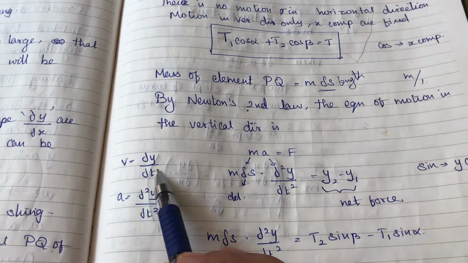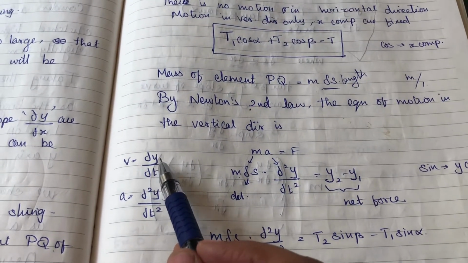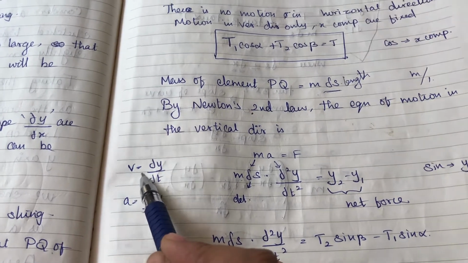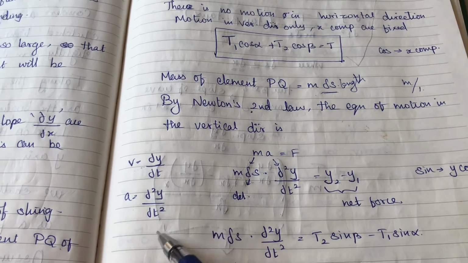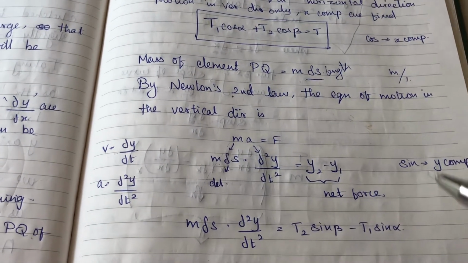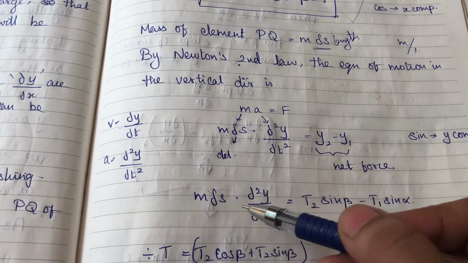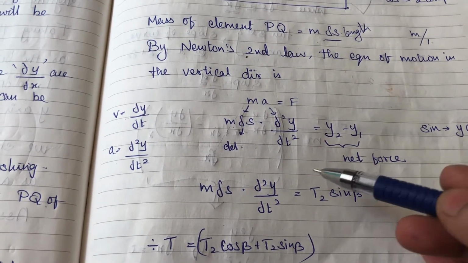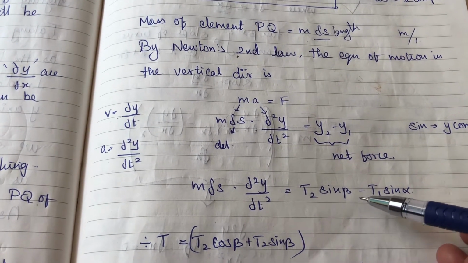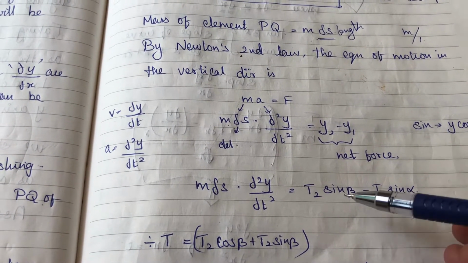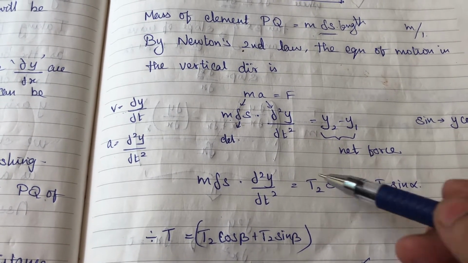Y with respect to t gives velocity; for acceleration I can easily write dou square y by dou t square. So m into del S into this term will be equal to the force. This is the y component: T2 sine beta minus T1 sine alpha.